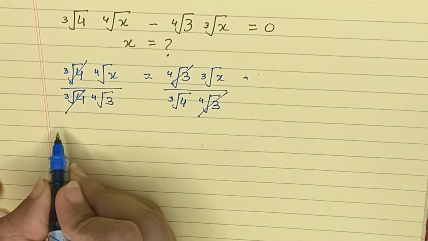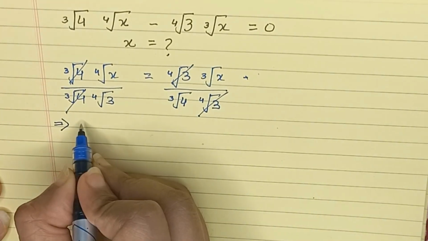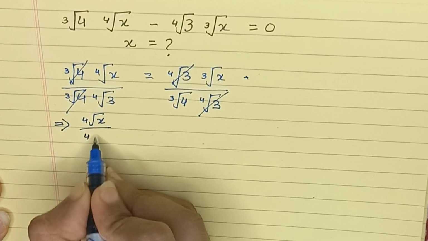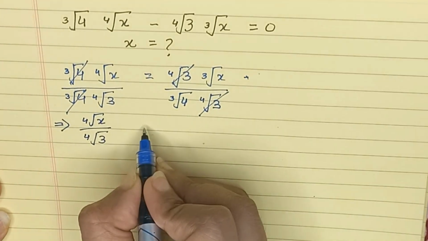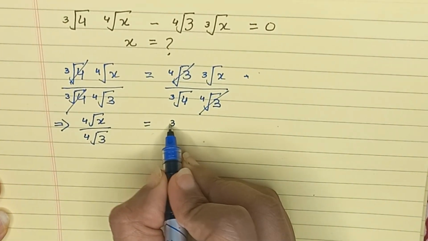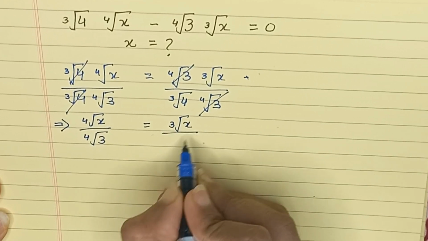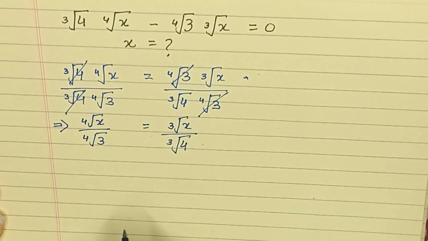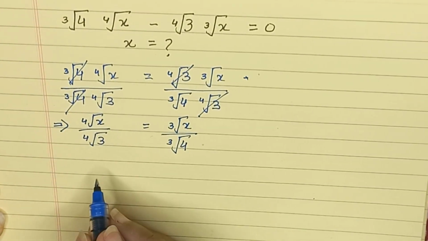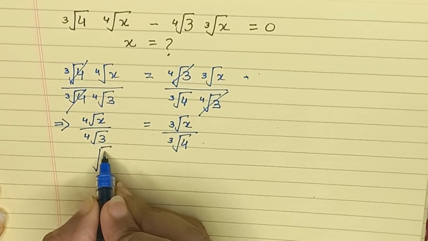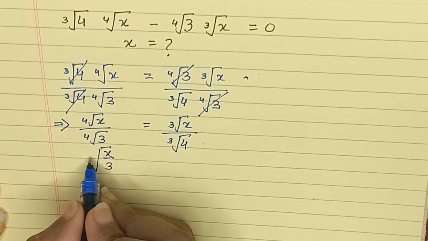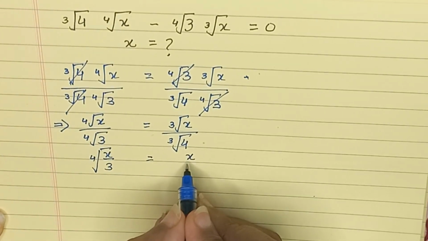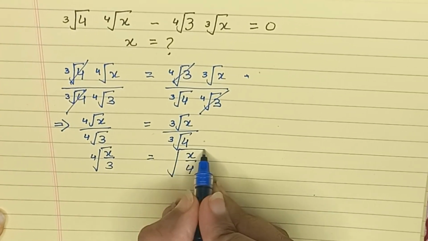Now we have remaining fourth root of x divided by fourth root of 3, and here we have left cube root of x divided by cube root of 4. So we can write it as x divided by 3 with root 4 common, and x divided by 4 with cube root common.